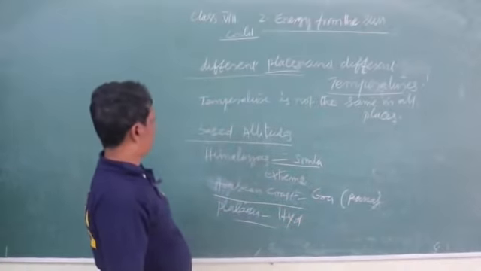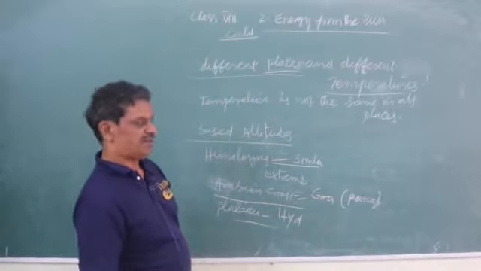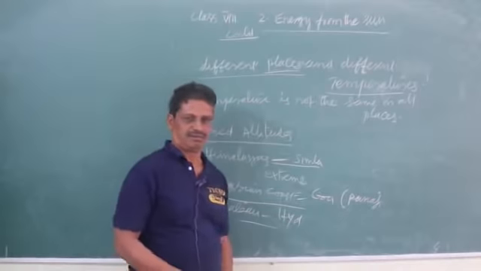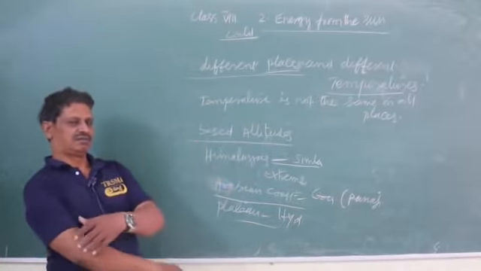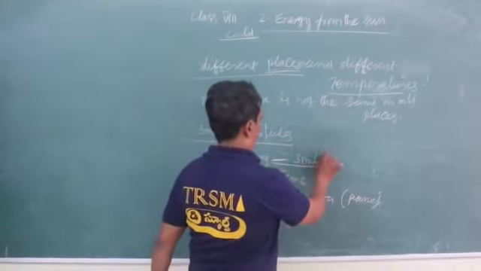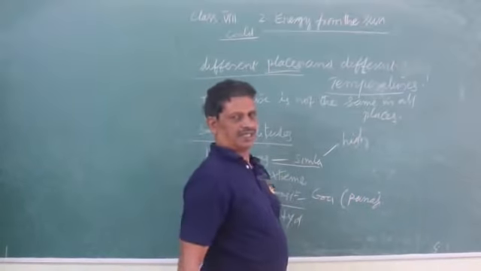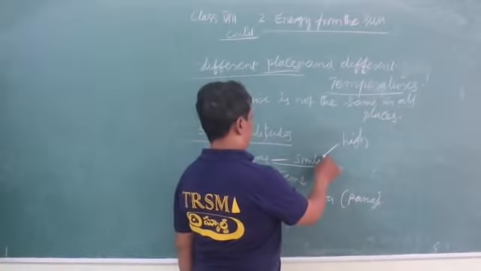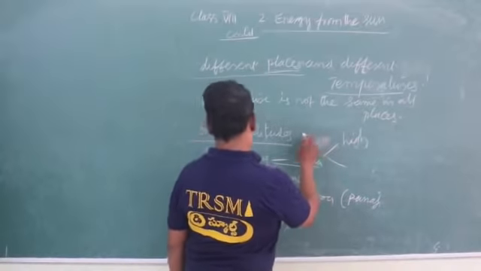So we shall know about the temperatures in extreme and moderate. What is the difference between extreme and moderate? Extreme and high, the highest temperature. This is a cold desert.